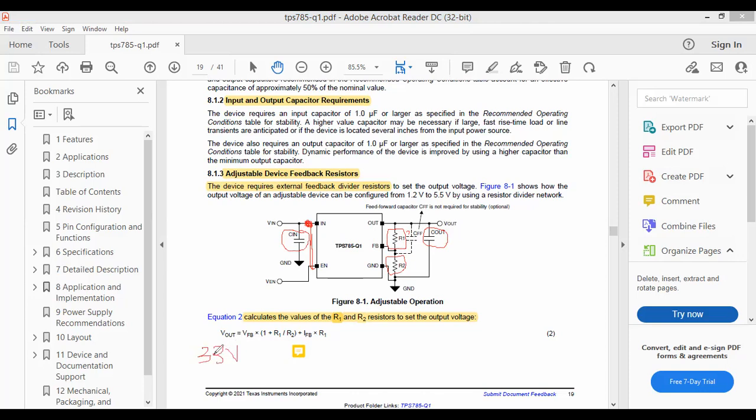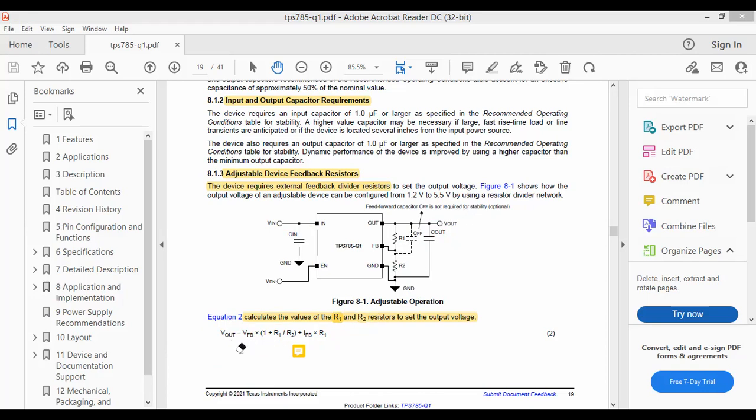So this is the regulator that we are going to use, and you have to calculate the value of R1. This example is about calculating the value of R1 to satisfy this equation, so that the circuit generates 3.3 volt output.